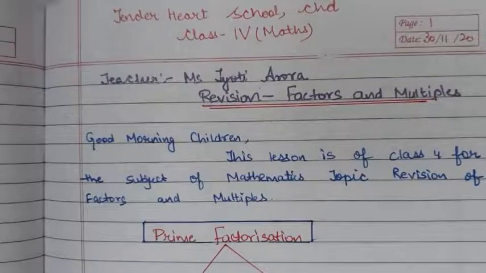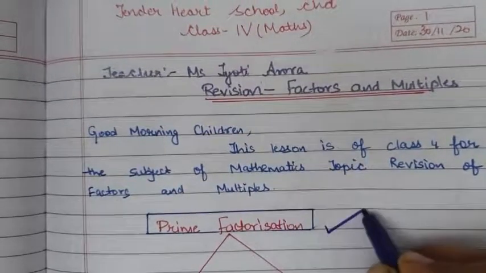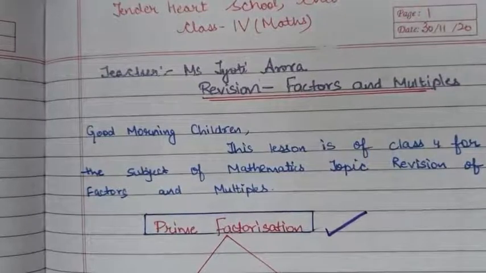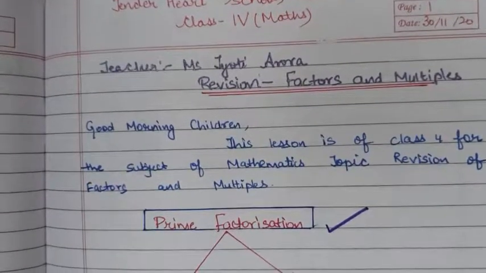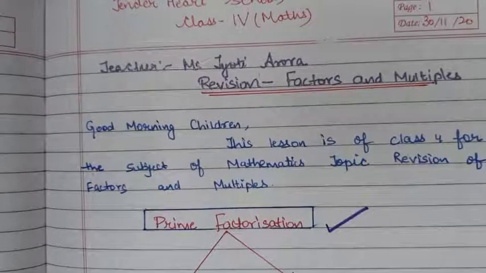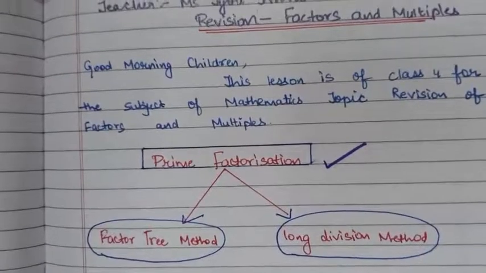The first method: how can we find the prime factorization of a number? For this, there are two methods.